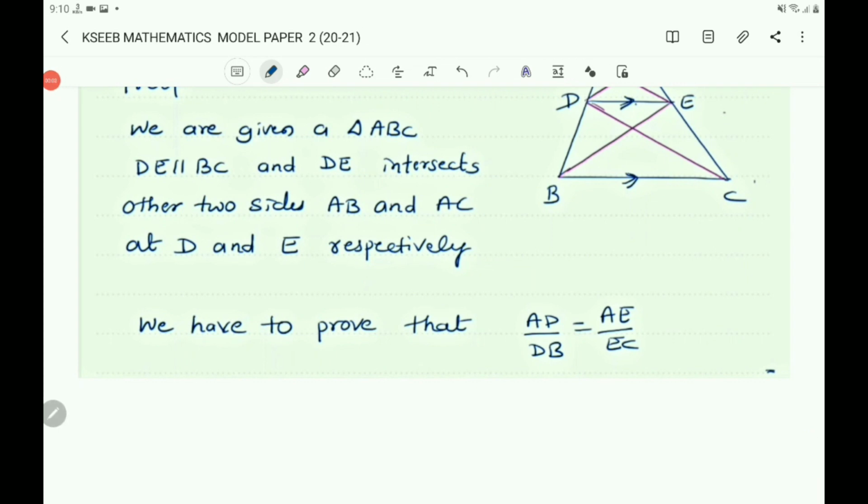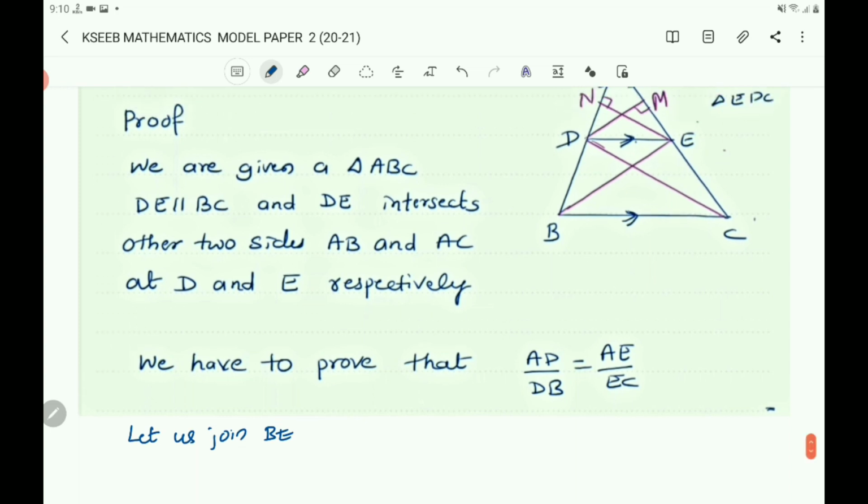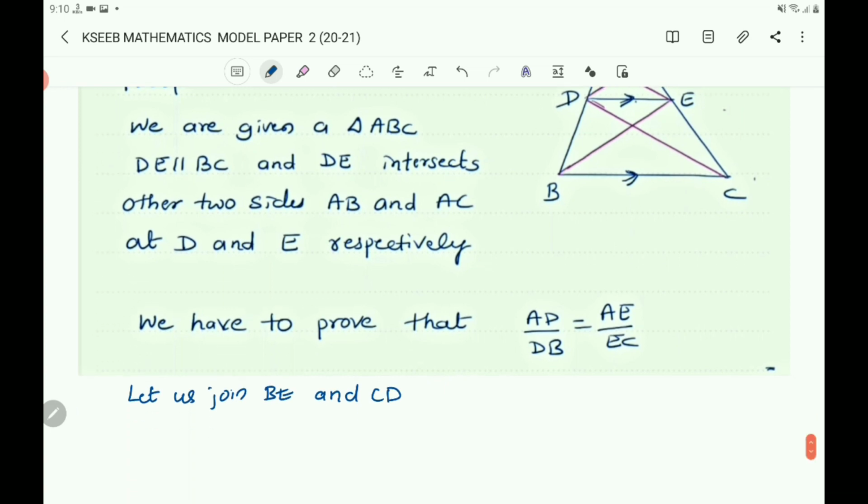So write the construction. Let us join BE and CD, and then draw DM perpendicular to AC and EN perpendicular to AB.